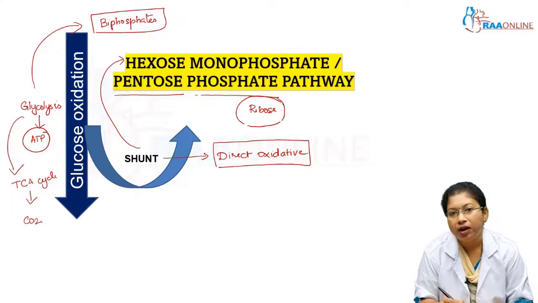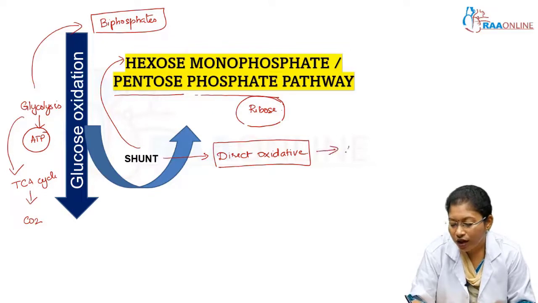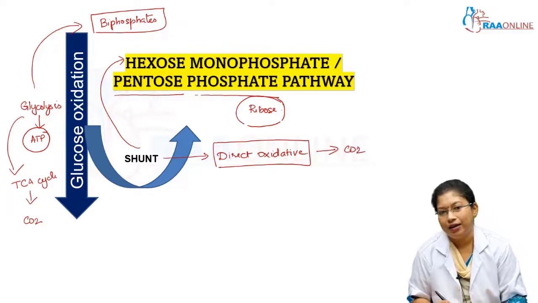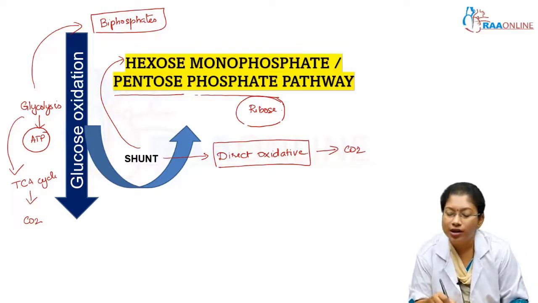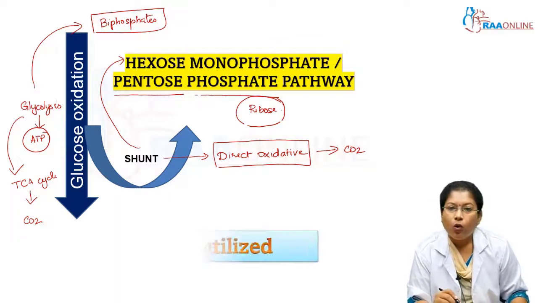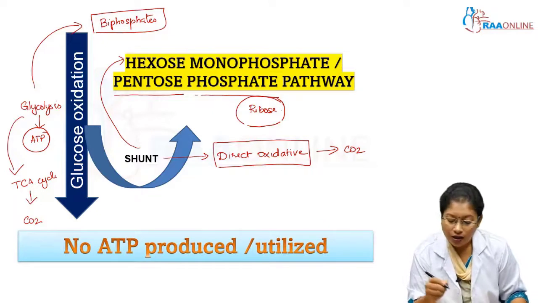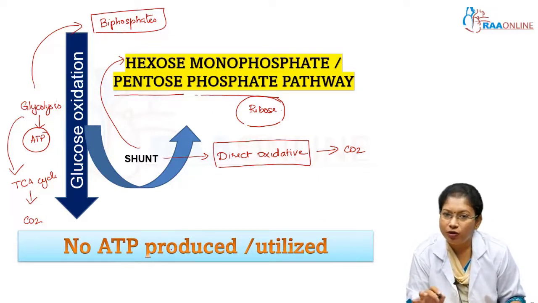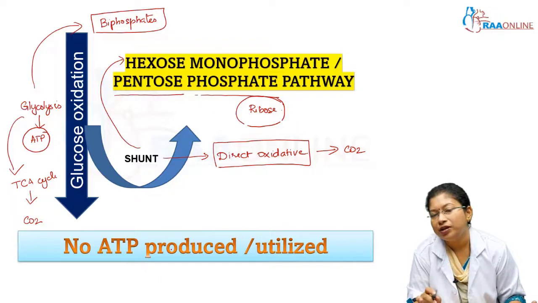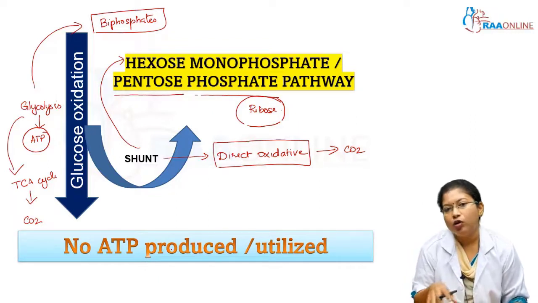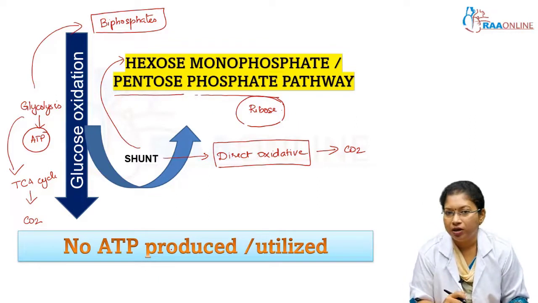But in the shunt pathway, it can produce the carbon dioxide directly. That is why it is also called as direct oxidative pathway. One more important thing is, in this pathway, no ATP is produced as well as no ATP is utilized. This is the importance of HMP Shunt Pathway.